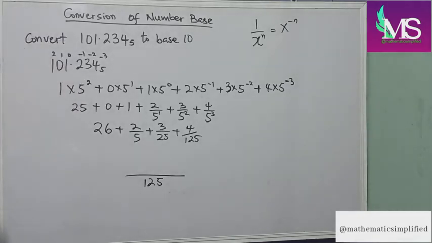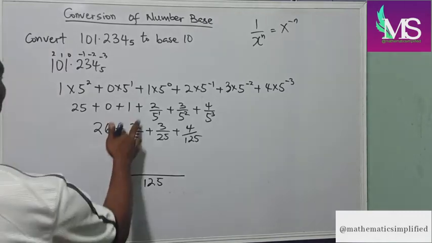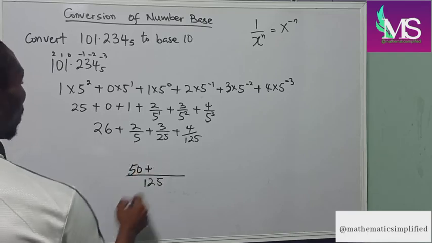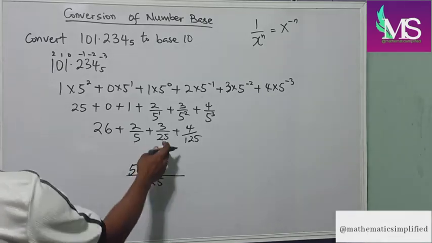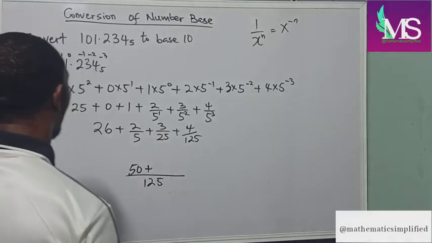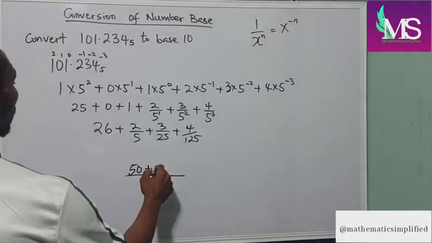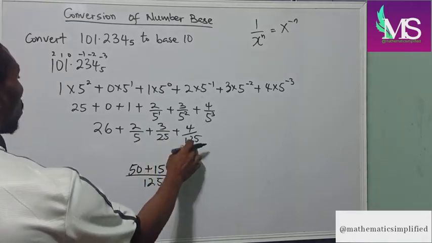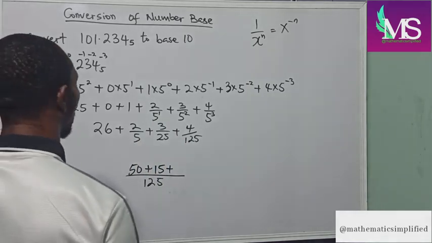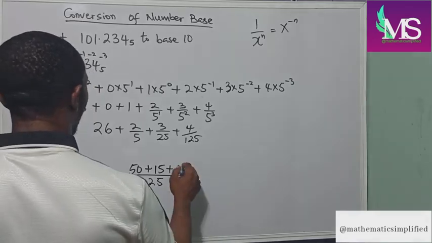Alright, now 5 into 125 will give us 25. 25 times 2 will give us 50 plus, alright, 25 into 125 will give us 5. 5 times 3 will give us 15 plus 125 into 125 will give us 1. 1 times 4 will give us 4.